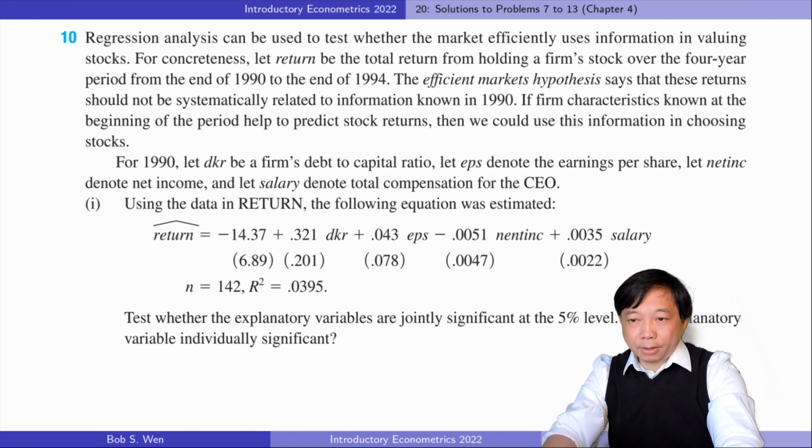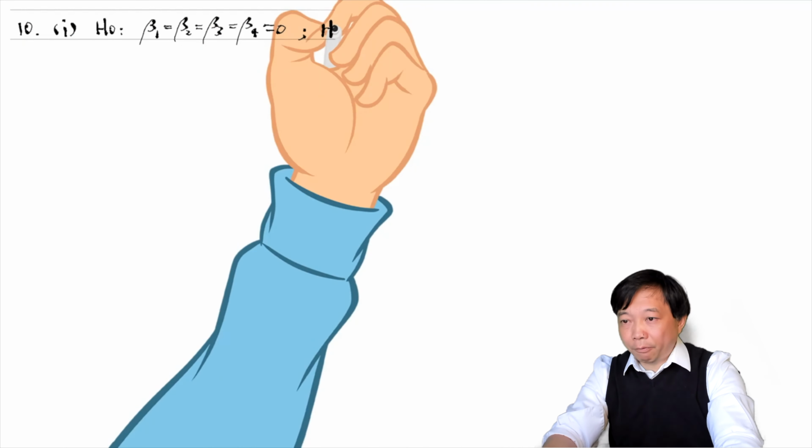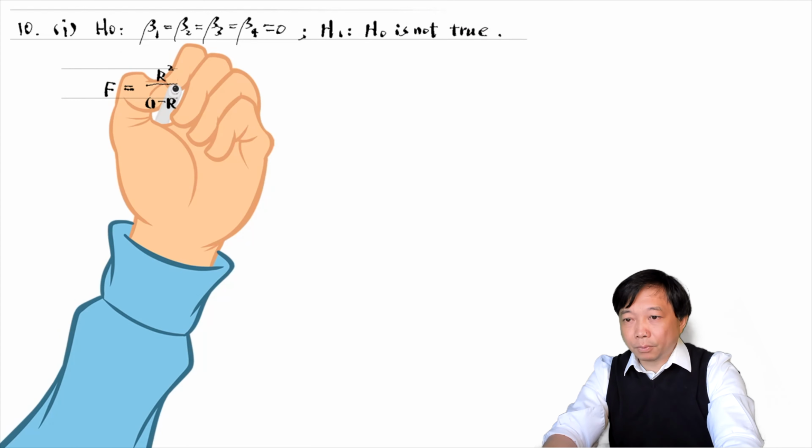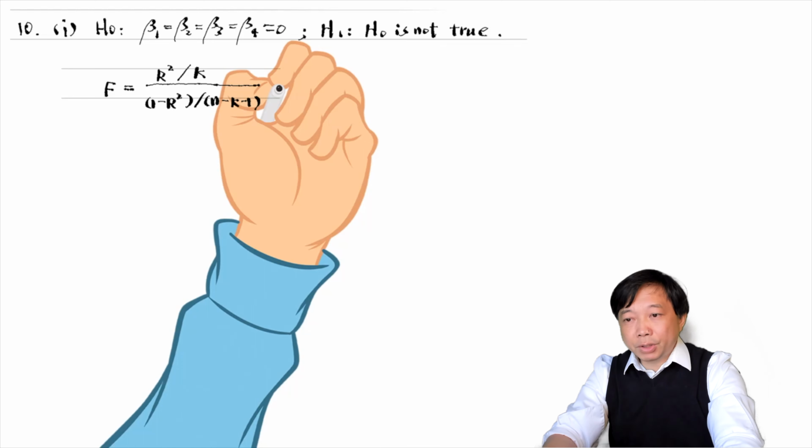Let's go to the 10th problem. The first question is about the F statistic for the overall significance of a regression. The null hypothesis is that all the parameters are 0. We use the R-squared form of the F statistic.